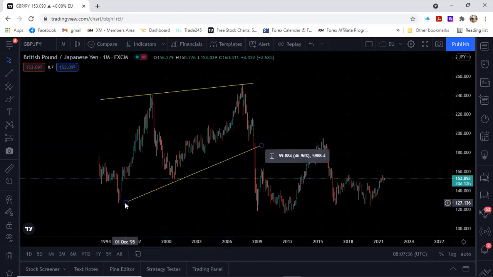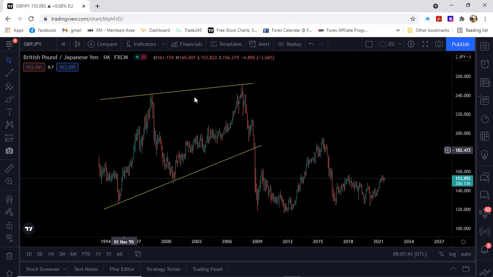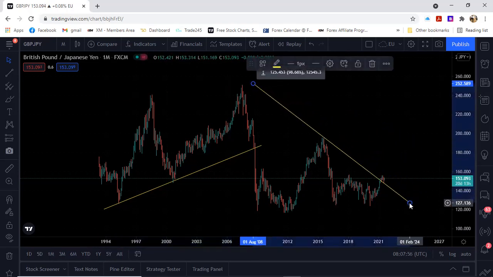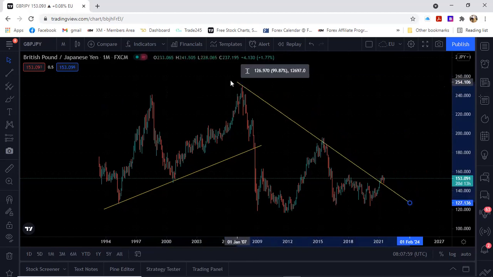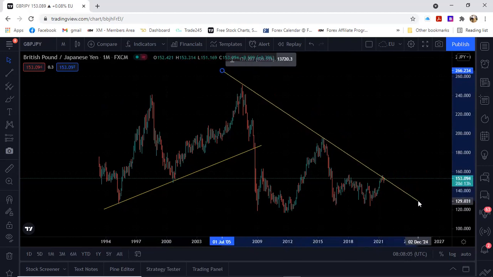From the look of things, we would rather say maybe this was an uptrend, and then it broke out here, retested here, and then started consolidating. But now let's check the main trend. What is the main trend? This one from that point to that point. So it's something like this in the monthly.